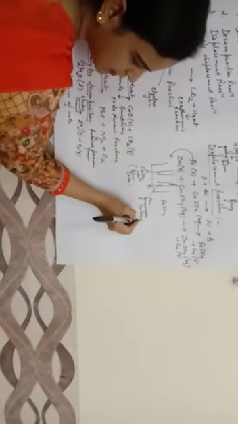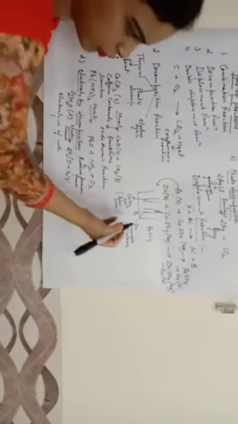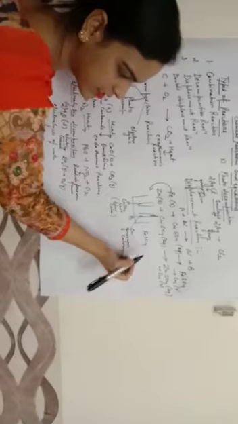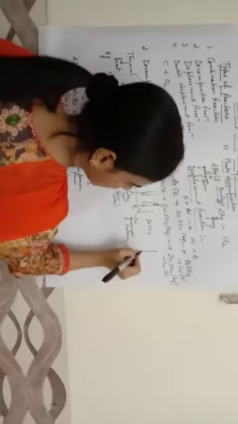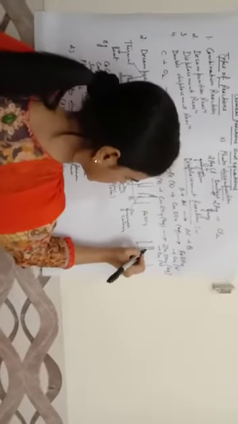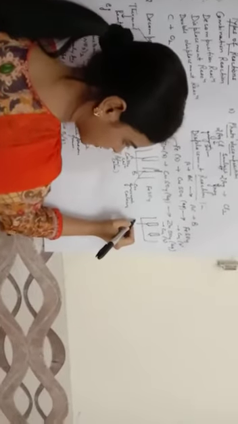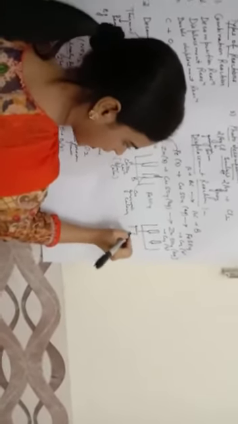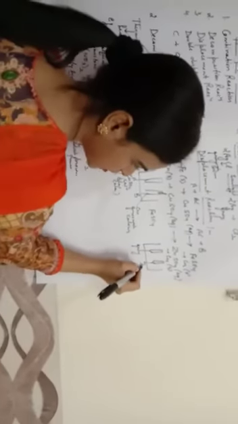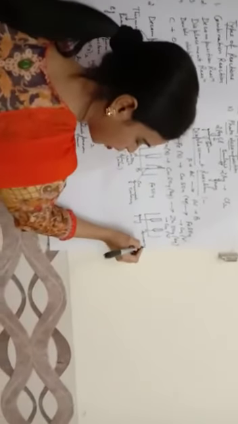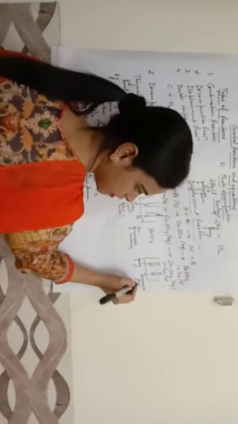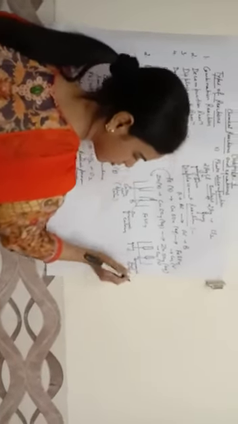So iron displaces the copper from copper sulfate solution and forms iron sulfate. The nail which we take initially is of grey color, and after that it becomes brownish red color because copper is deposited on the iron.